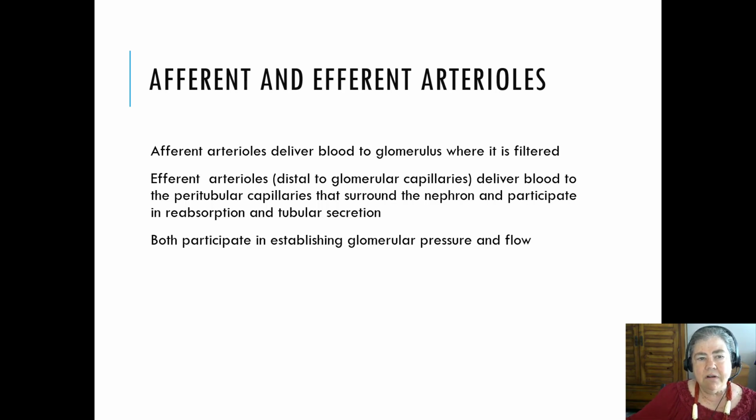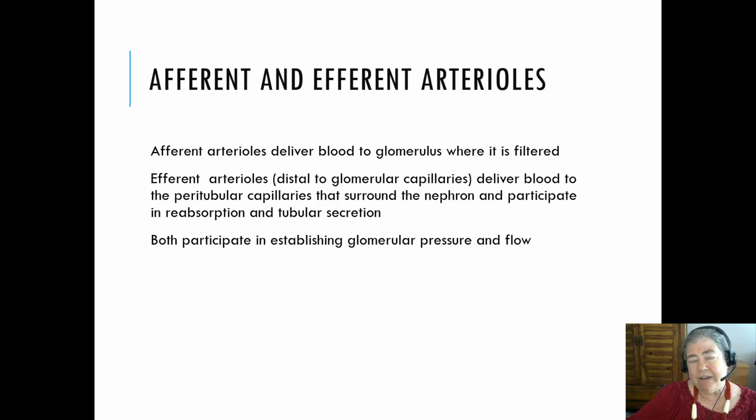So the afferent arterioles bring the blood in to the glomerulus where it's filtered. The efferent arterioles take the blood out of the glomerulus and deliver it to the capillaries around the tubules. And that's really important because a lot happens in the tubules and we have to reabsorb things out of the filtrate.